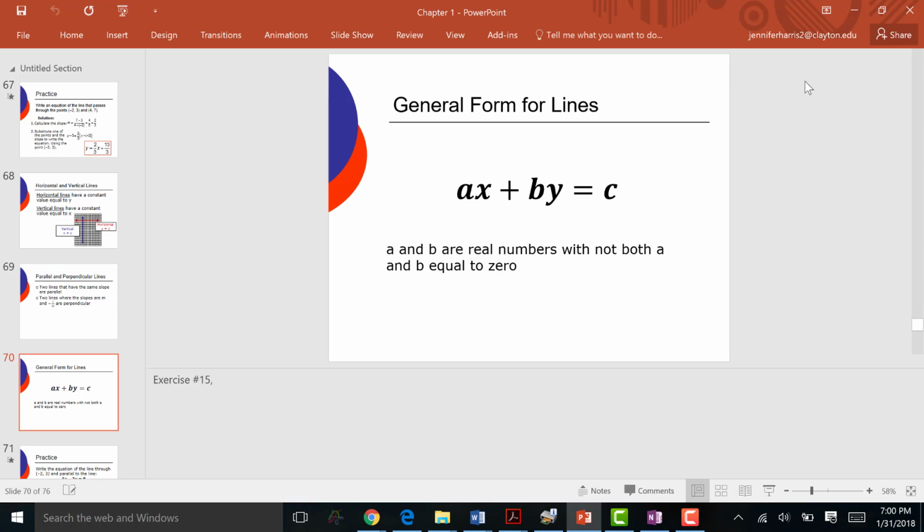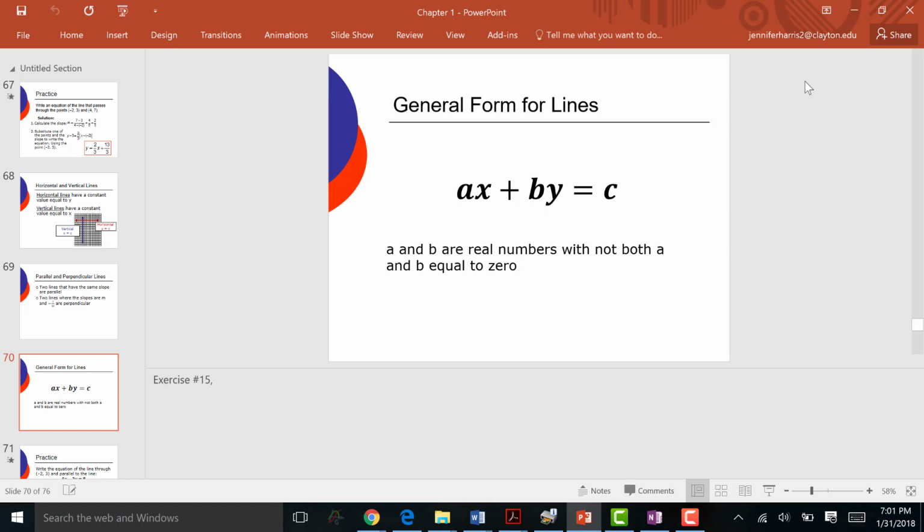All right, so let's practice one. Before we get to practice one, I need you to know that there are general equations like this that are written with the x and the y on the same side of the equal sign. Can we use equations like that? Yes, but we have to change them first.